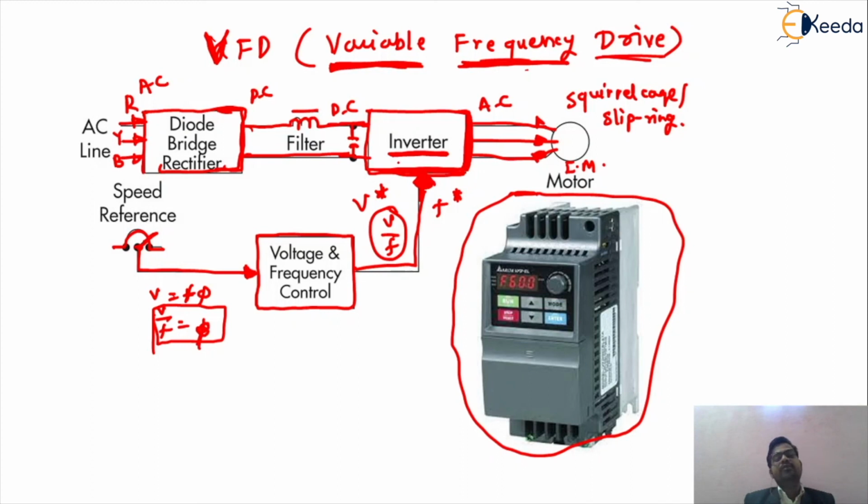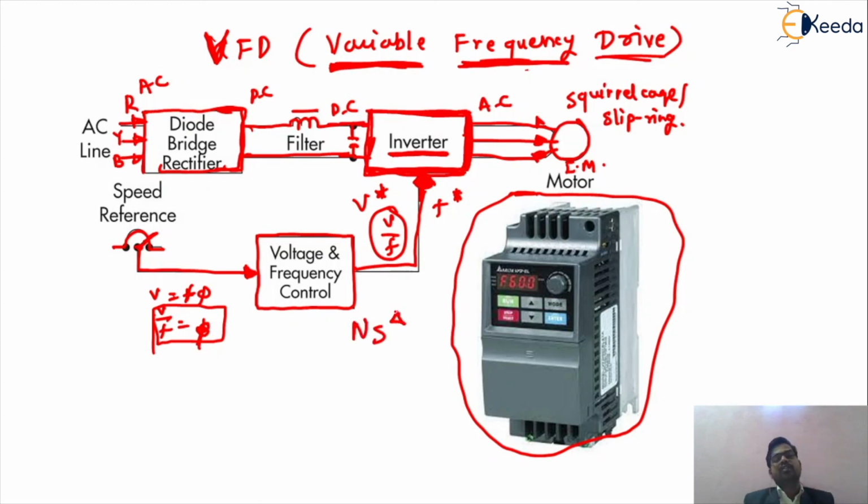So friends, if you want to change the speed of that particular induction motor, we just change the value of the frequency by keeping the voltage constant, because while using the variable frequency drive, we are getting speed control below the synchronous speed and above the synchronous speed. What do we mean by below the synchronous speed? As we've seen, these motors rotate at the synchronous speed, which we call ns.